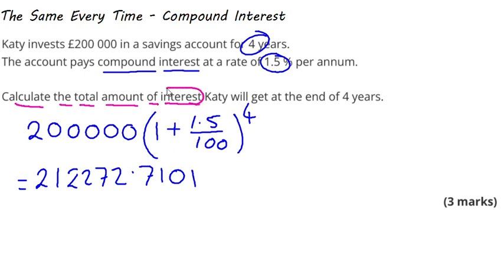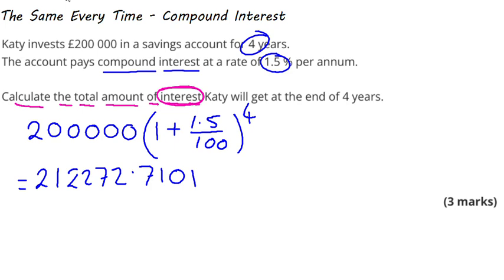So this time they are not wanting the actual total amount, but the amount of interest. Now remember this, the interest is the extra that you get. If you put your money in your bank account, the bank will pay you interest, and that's the extra money, not including, it does not include the amount that you started with.